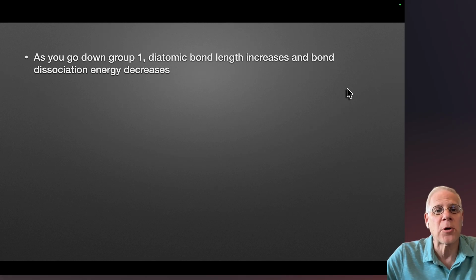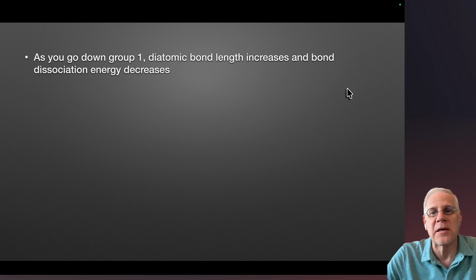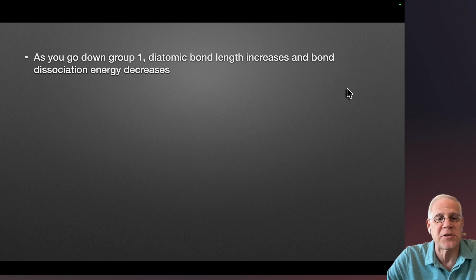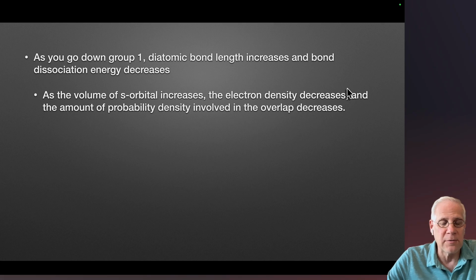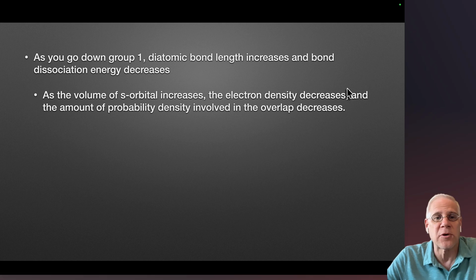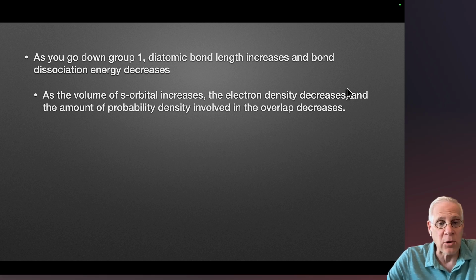Now, as you go down Group 1, one of the things that we see is that the diatomic bond length increases and the bond dissociation energy decreases. Now, this has a number of reasons. As the volume of that s orbital increases, so we know that the s orbitals get larger, your atomic radius becomes larger, and that electron density decreases as you start going out.